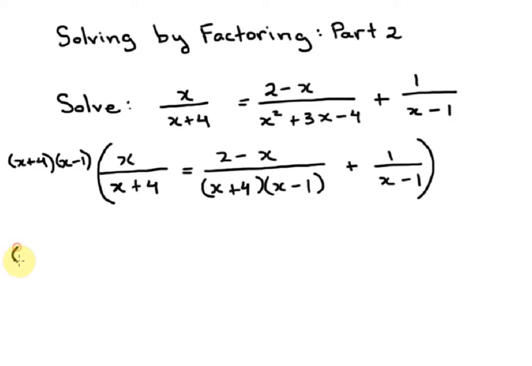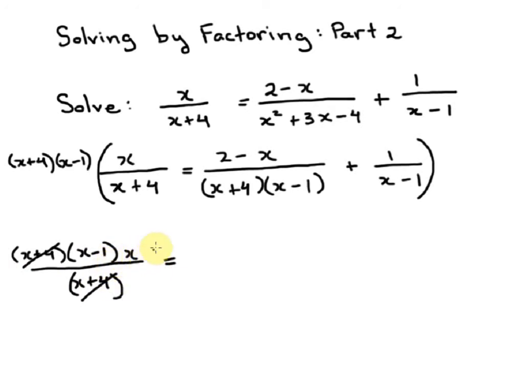Our first term is going to have x plus 4 and x minus 1 times by x, and it's all over x plus 4. Now, I like to put brackets around the denominator here, even though there wasn't any brackets before. So it helps me look at this and say, oh, this is going to cancel with this. I can cancel that out. No more fraction. Okay. Now we'll carry on simplifying that later.